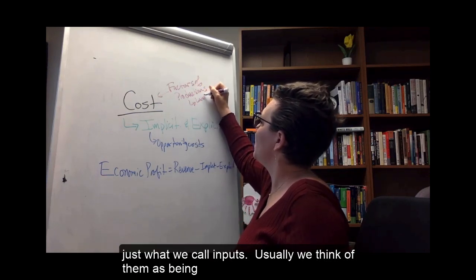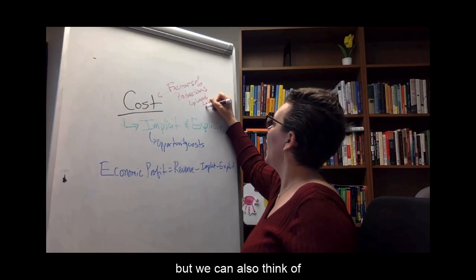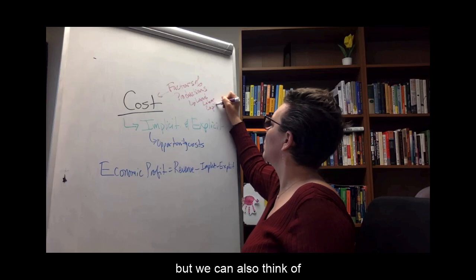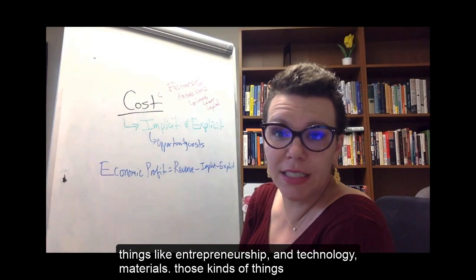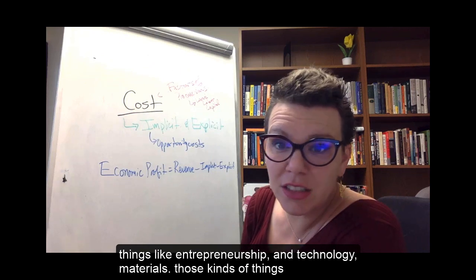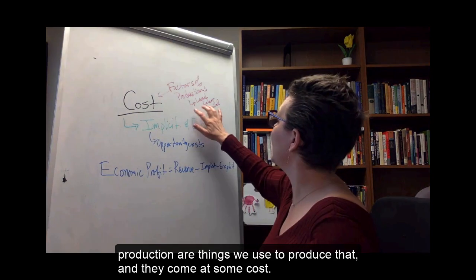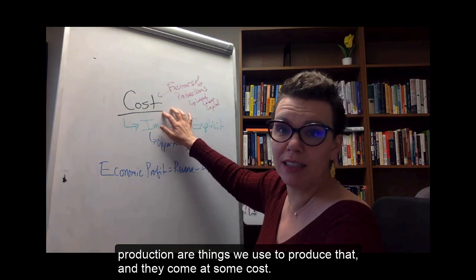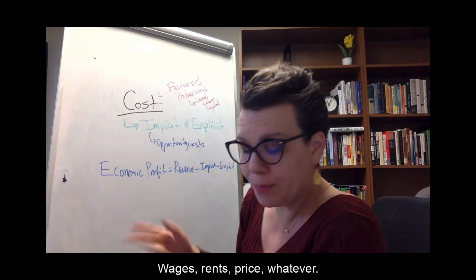Usually we think of them as being land, labor, and capital. But we can also think about things like entrepreneurship and technology, materials, those kinds of things. But the idea is that the factors of production are the things we use to produce that, and they come at some cost. Wages, rents, price, whatever.